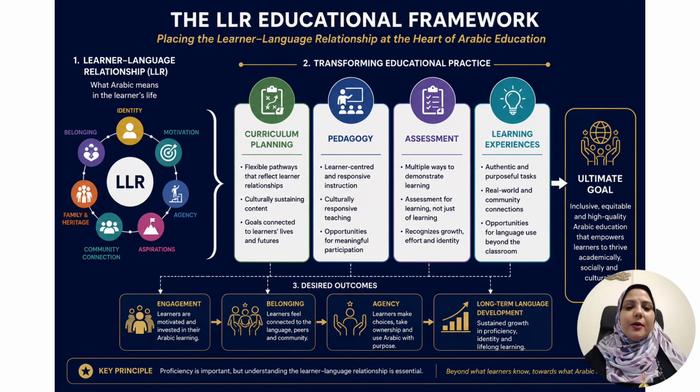The framework begins with the learner language relationship, recognizing that learners bring different identities, motivations, experiences, and aspirations to the Arabic classroom. These relationships shape how they engage with the learning and should therefore inform educational practice.